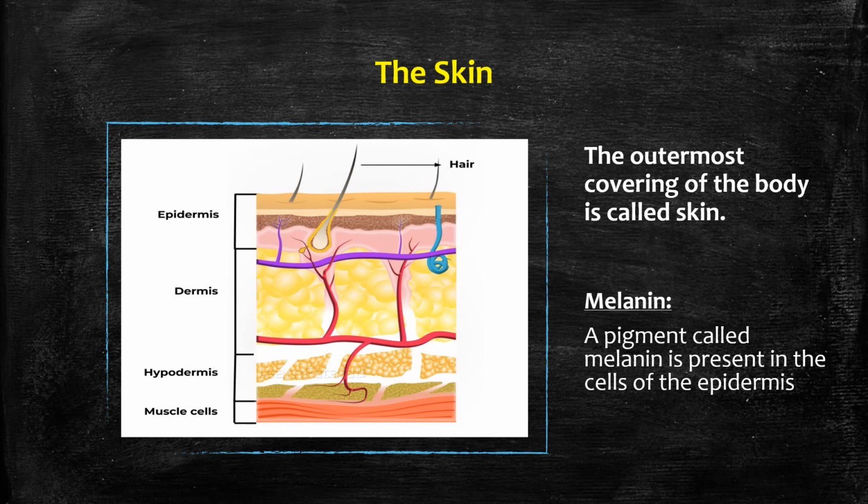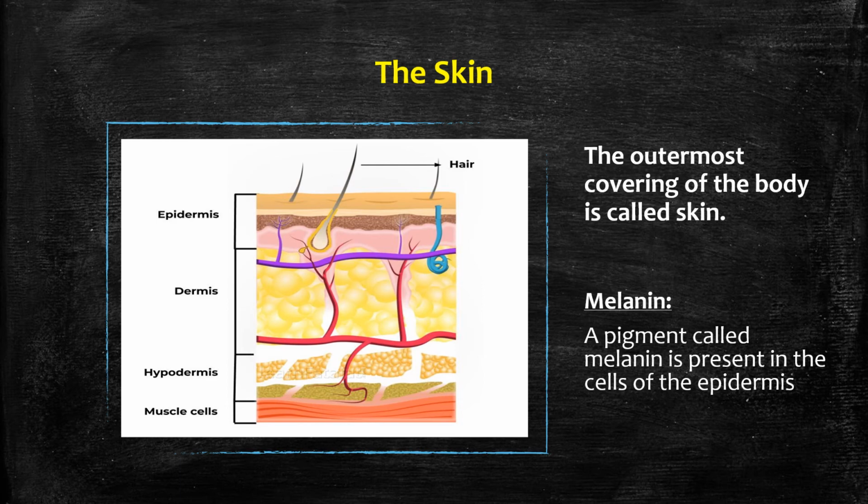Outermost layer of skin is called as epidermis. It has various layers in it. Melanin pigment is also present in this layer. The percentage of melanin decides the fairness or darkness of the skin. It protects our skin and inner parts from ultraviolet sun rays.